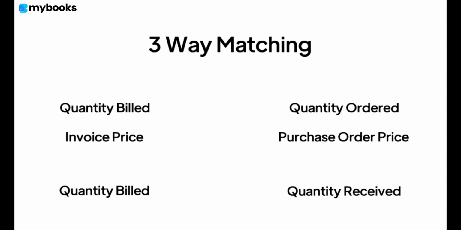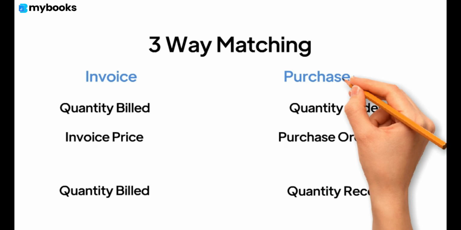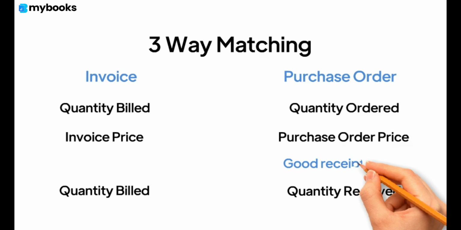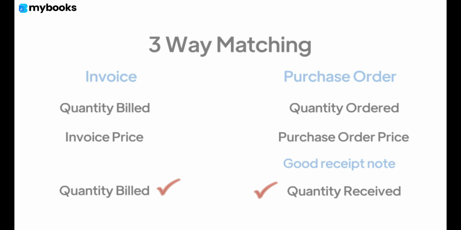The third one is quantity billed with the quantity received. Quantity billed will be taken from the invoice and the quantity received will be available on the receiving slip or the goods receipt note. Again, this is a document which the accounts payable department has already received. In our case, the quantity billed and the quantity received are matching. So the accounts payable department will make payment to the vendor.